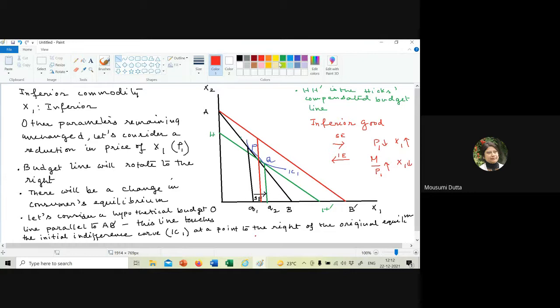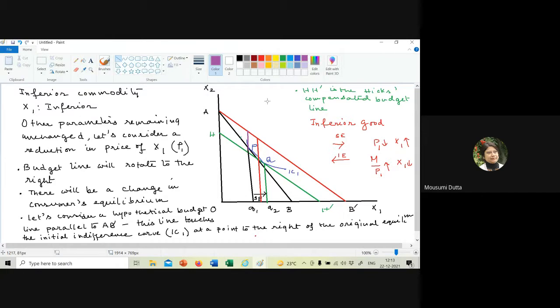Or I could consider a movement where the substitution effect is exactly equal to the income effect. R can be here too.